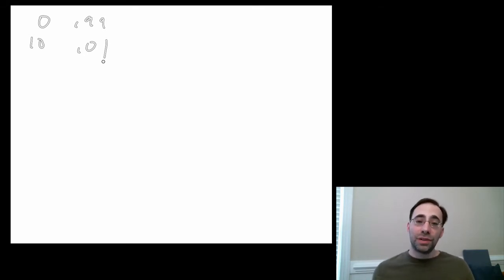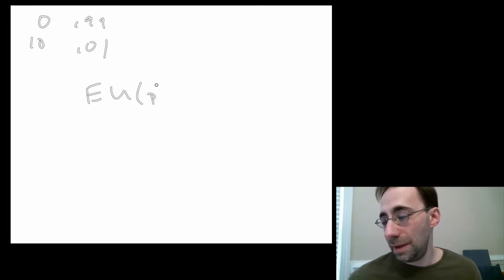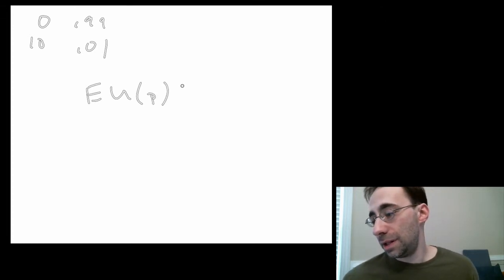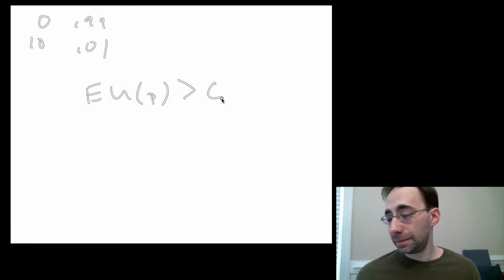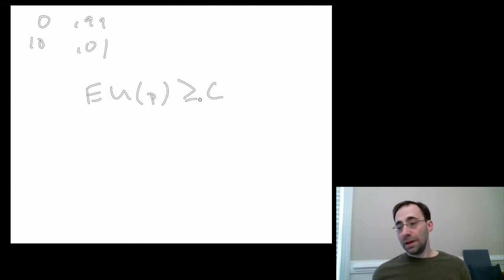And then oftentimes you use that in game theory by comparing it to the cost of playing the lottery. And if the expected value of this lottery, often called P, is greater than the cost, or equal to usually, you're willing to play the lottery. And if it's not, you're not. So that's an example of how to use expected utility.